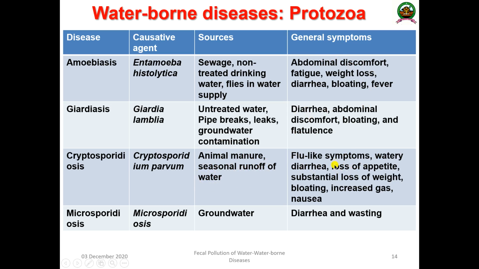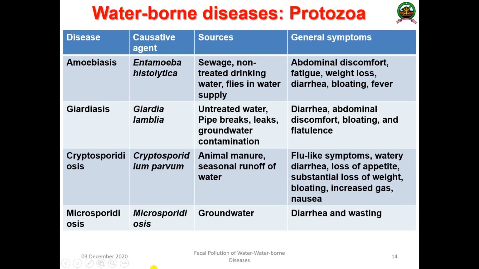The general symptoms are flu-like symptoms, watery diarrhea, loose motion with water, and loss of appetite. You won't feel like eating anything, you won't feel hungry. Then substantial weight loss, bloating, and increased gas. Always you will have gas trouble and nausea. So these are the general symptoms.